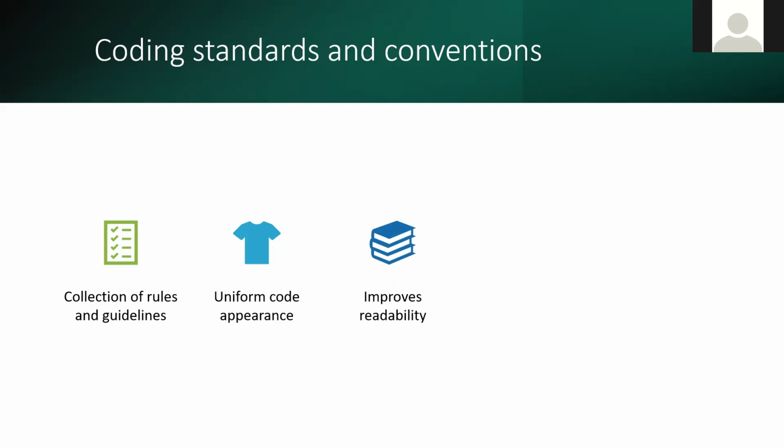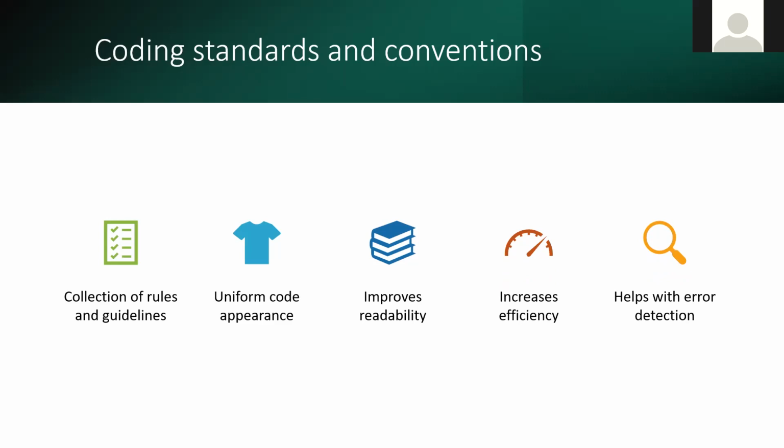And also, this will increase the efficiency, because now they don't have to spend a lot of time trying to understand why you name things the way you name them, because there is a convention that is agreed upon in the beginning. It also helps with detection of errors in the code.